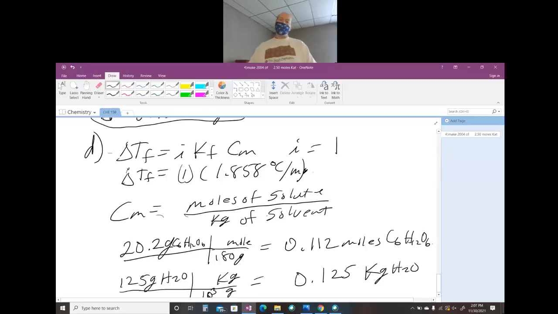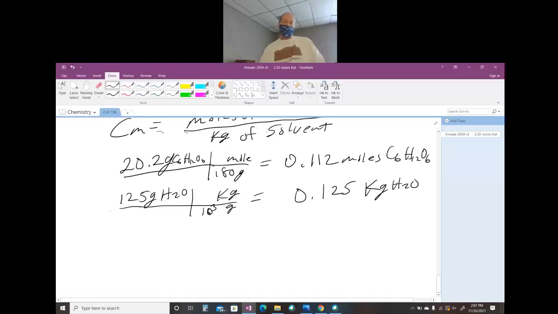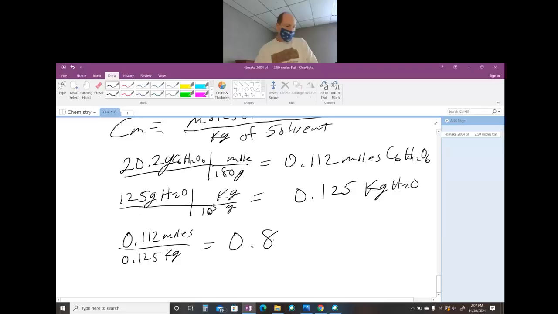So the moles of the solute, the C6H12O6, divided by kilograms of solvent. The solvent is water. And so you get your molality by taking the 0.112 moles divided by your 0.125 kilograms, and that gives you 0.896 molal.